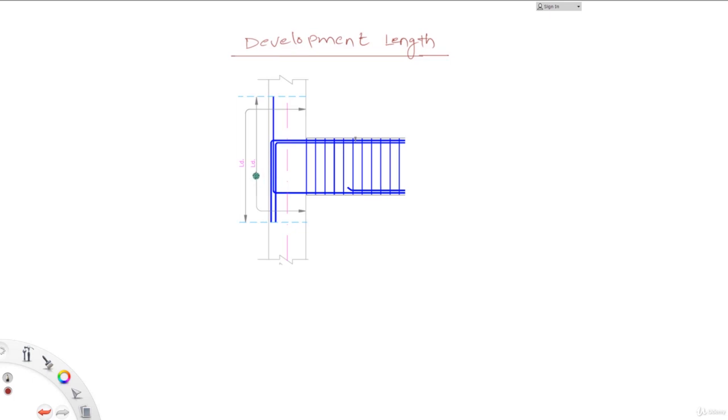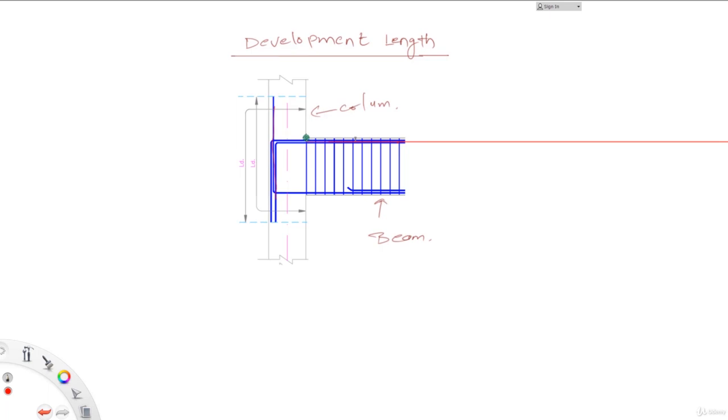In this figure, you can see that this over here is our column. This is our beam. And these lines that you see over here, these blue lines, are the longitudinal rebars. And these vertical lines that you see are the stirrups. You can see that the longitudinal rebar comes from here like this.